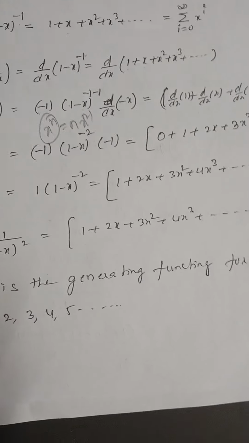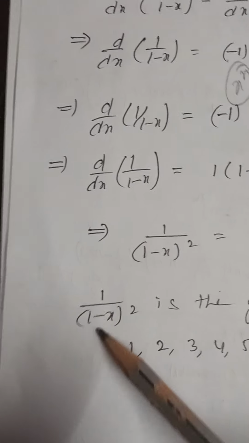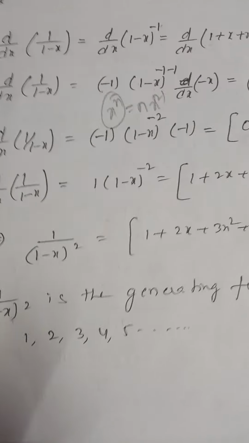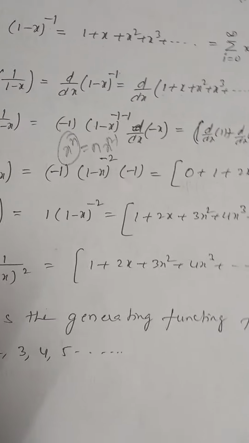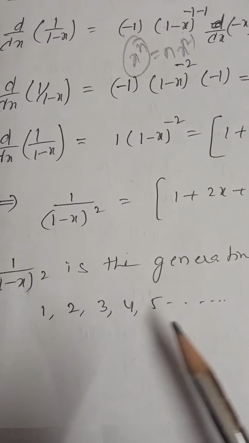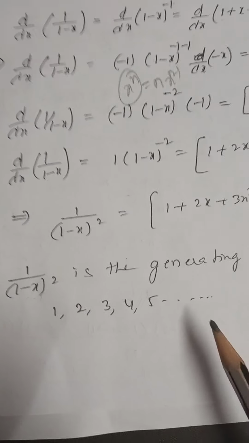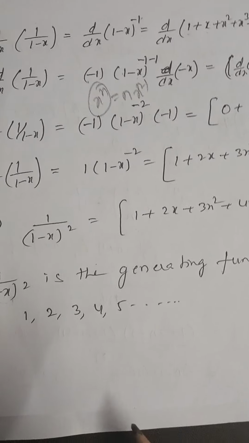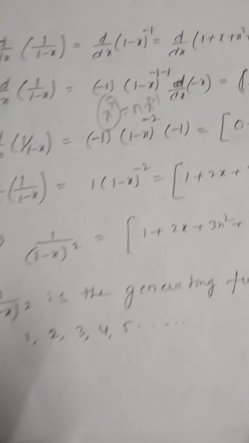These are the coefficients, right? Therefore this is the generating function which generates the coefficients. The coefficients are the terms of the sequence. Now 1, 2, 3, 4, 5, these are the coefficients of x power 0, x power 1, x power 2 and so on, or you can say these are the terms in the sequence.